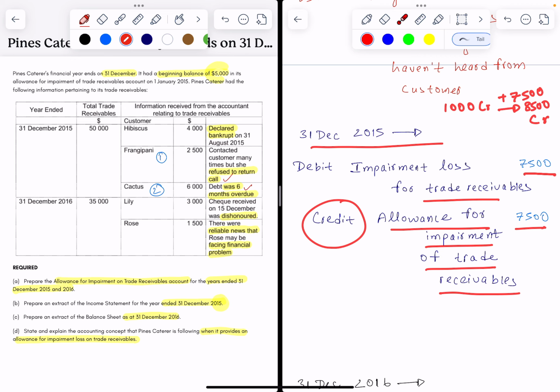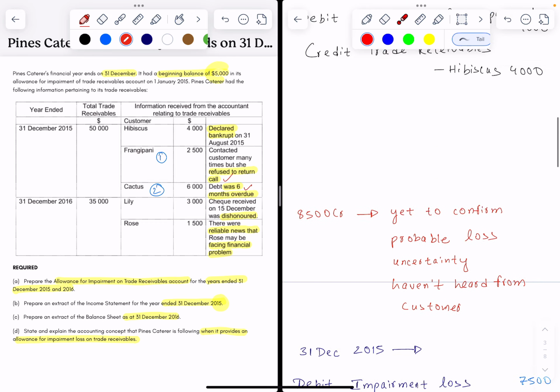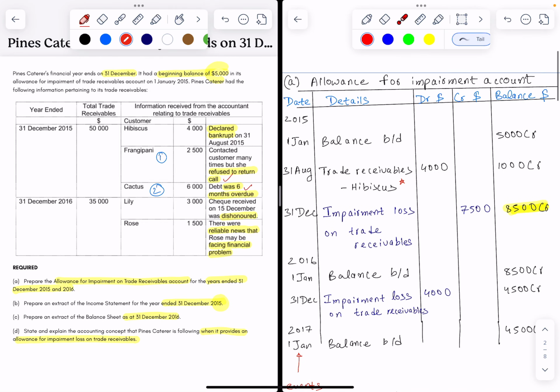So based on this journal entry, the allowance for impairment of trade receivables account is credited, which means in its ledger account, on the credit side, we include $7,500 at 31st of December 2015 with the relevant cross-reference, using the details column for the expense account for impairment loss on trade receivables.